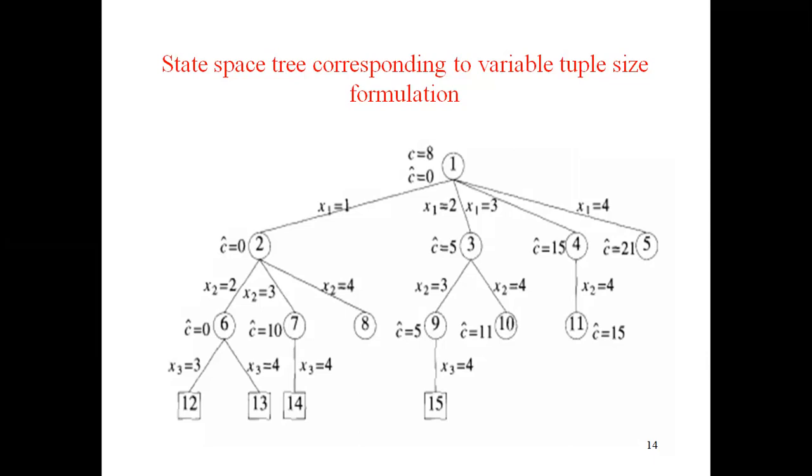So from here on, we refer to the first in first out based branch and bound algorithm with an appropriate C cap and U as FIFO branch and bound. So this is about the first in first out branch and bound algorithm.